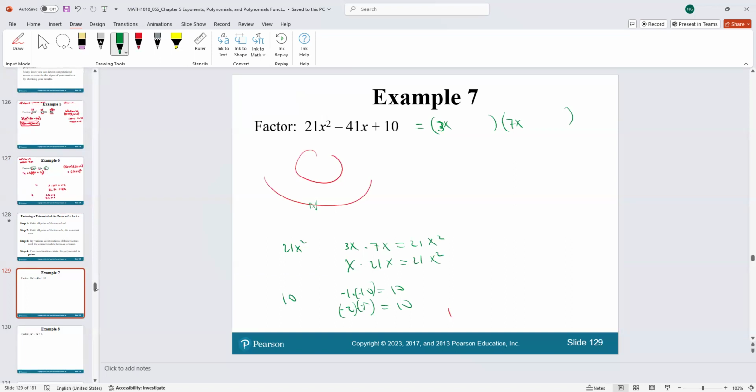Now, if we follow the same approach, we're going to do negative 5 and negative 2, because these two give you negative 35x, and these two give you negative 6x. So negative 35x plus negative 6x gives you negative 41x in the middle. So that's how we need to factor what we have.